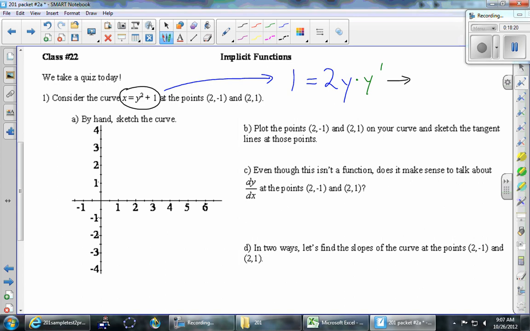And this one, actually, the algebra is easier, so we'll just do the algebra. The goal generally for us has been to find the derivative, find y prime. So can you guys solve that equation for y prime? What should we do to both sides to get y prime by itself? Divide by 2y. So we get 1 over 2y. There you go.